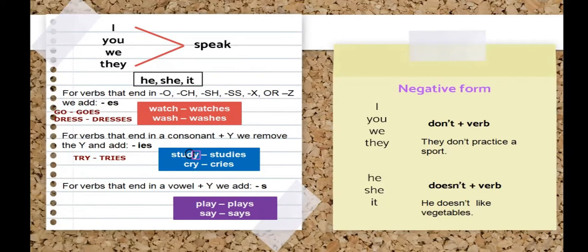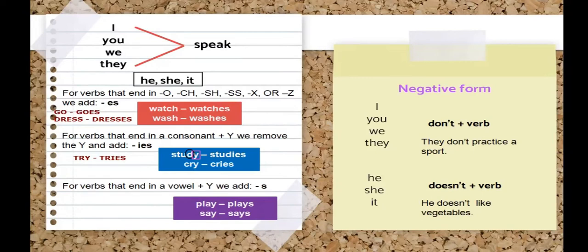So the next one, for verbs that end in a vowel. Now the vowels are A, E, I, O, U. It's easier if you learn the vowels instead of the consonants, because the vowels, there are only 5, and the consonants, there are 21.